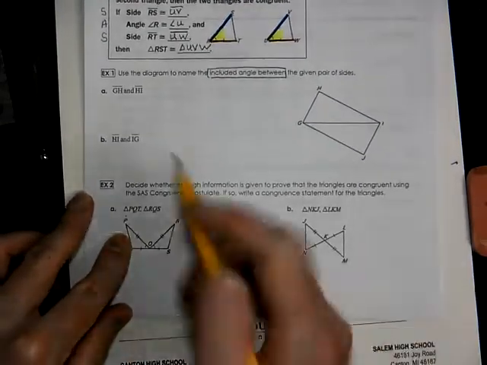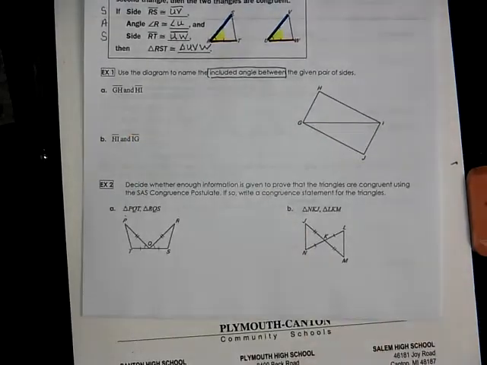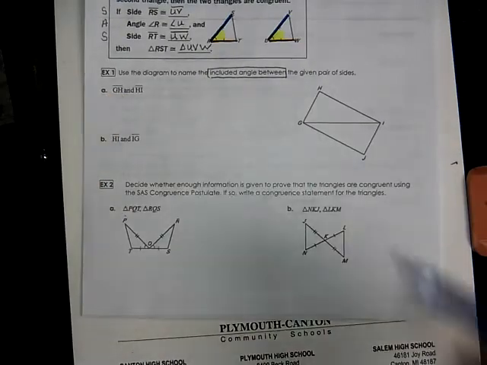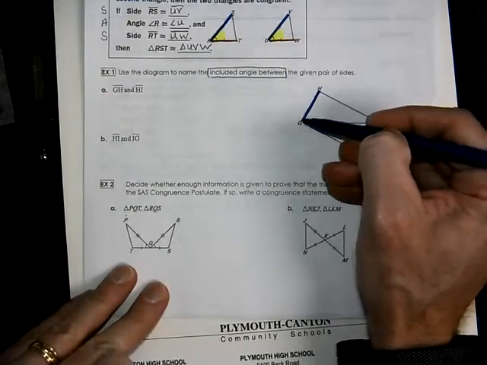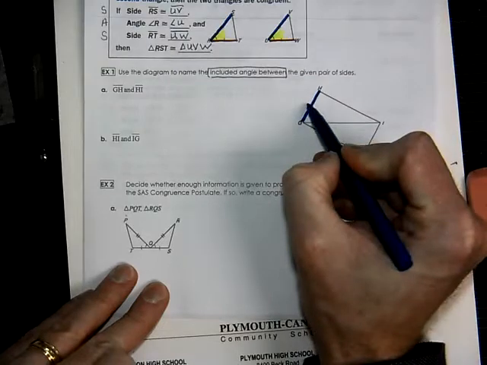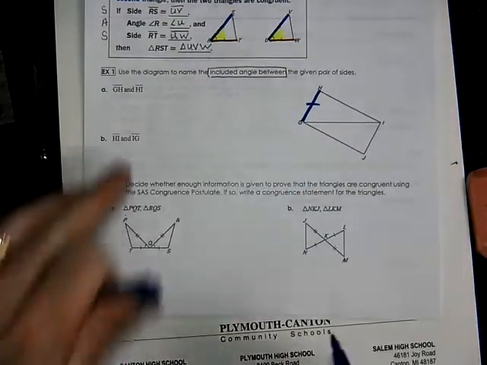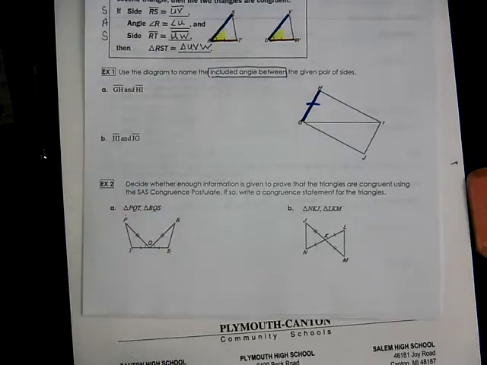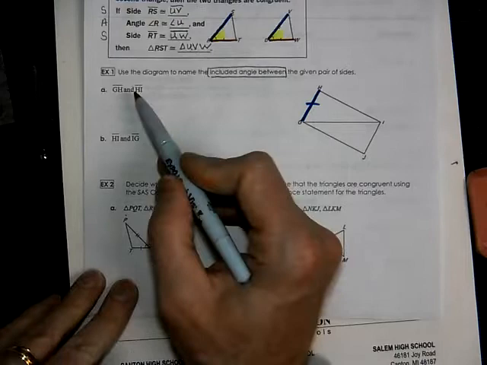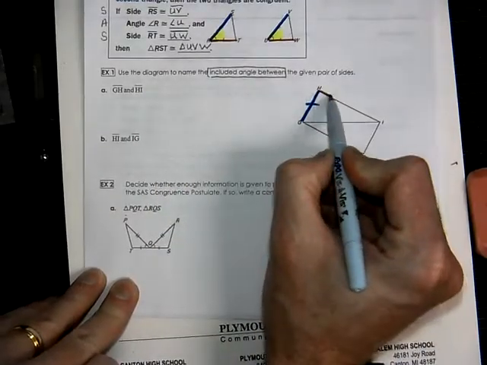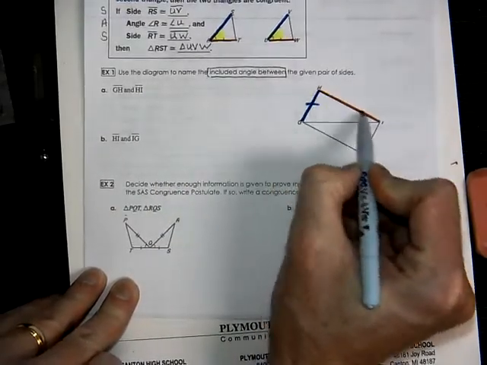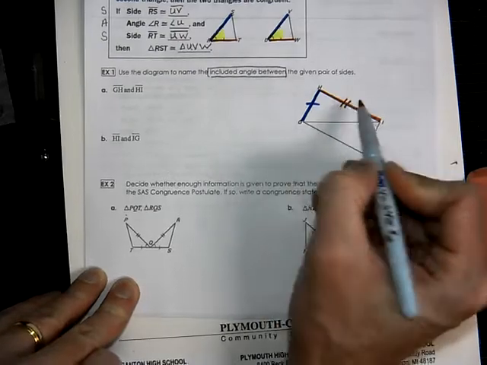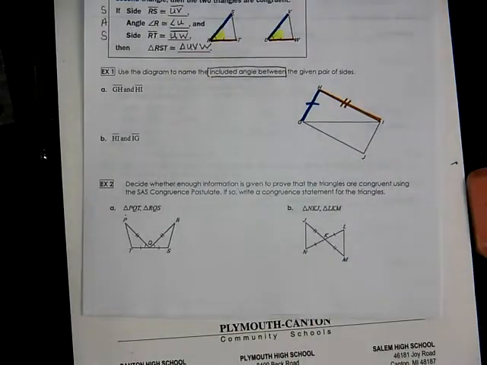So let's look at these 2 sides. Side GH is going to be this blue side. We can pretend it has 1 tick mark on it. That is supposed to work with HI. We're not saying that they're the same length. We're just saying that they are 2 segments.